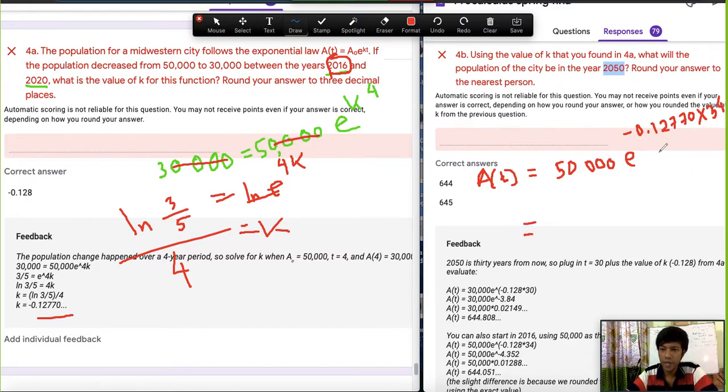Now you can see everything on this side is just numbers. If you do it in the calculator it will give you this answer. I have done it on my paper, and the answer came 644.05. I actually have done all the maths here manually. You understand?